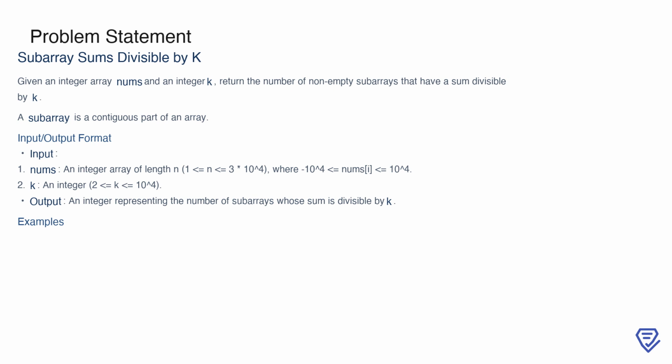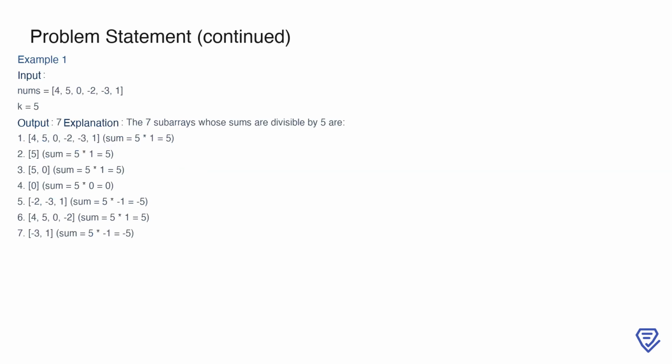Now let's look at some examples to understand this better. For the first example, we have the array nums equals 4, 5, 0, -2, -3, 1, and k equals 5. The output is 7, meaning there are 7 subarrays whose sums are divisible by 5. These subarrays are listed, starting with the entire array 4, 5, 0, -2, -3, 1, which has a sum of 5. Then we have 5, which also sums to 5.